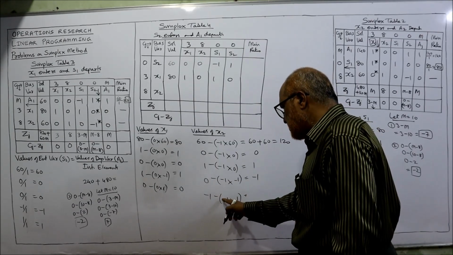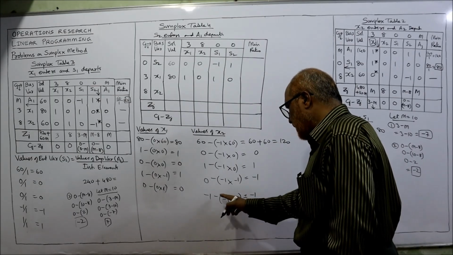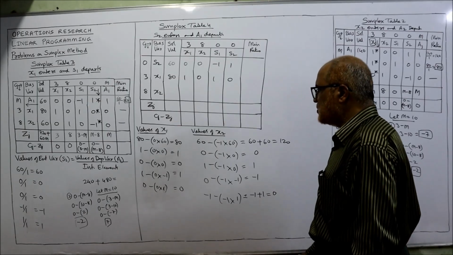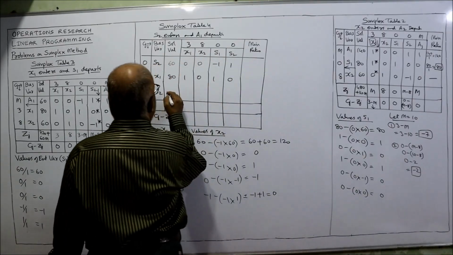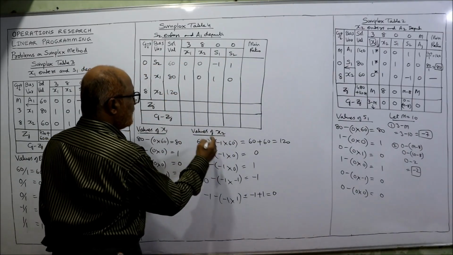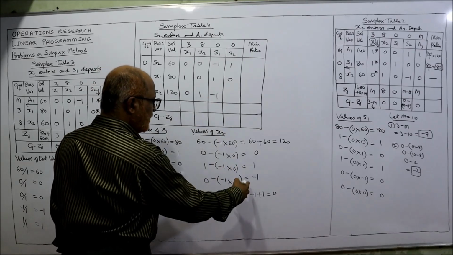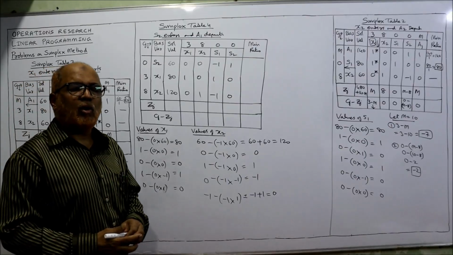Then here minus into minus will become plus, so minus 1 and plus 1 is equal to 0. So we got the values of x2: 120, then 0, 1, minus 1 and last one 0. So we got all the values.